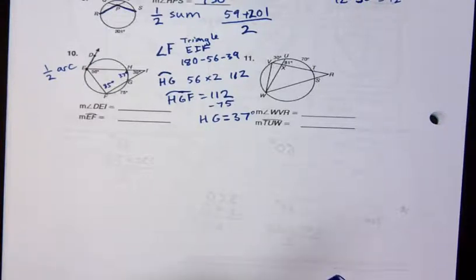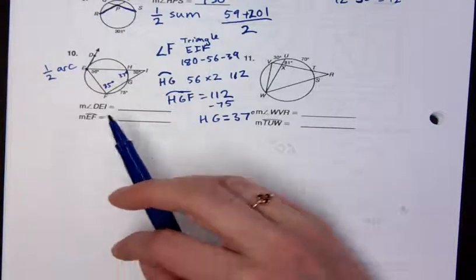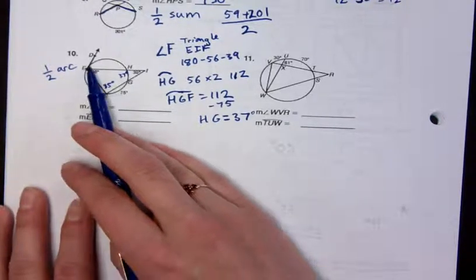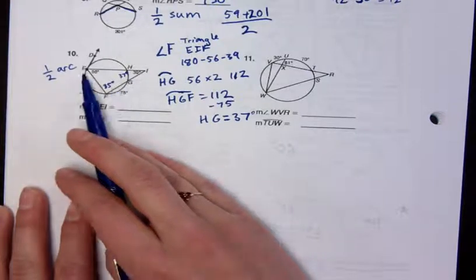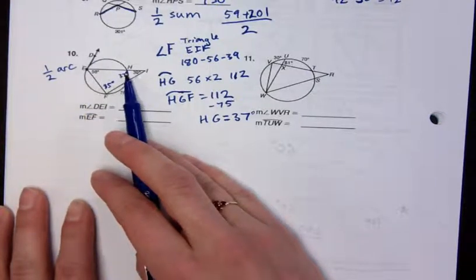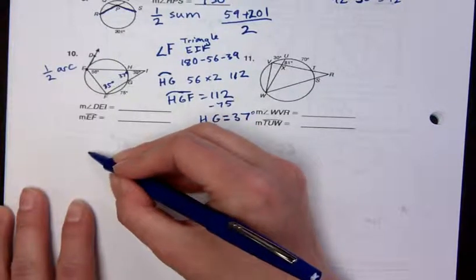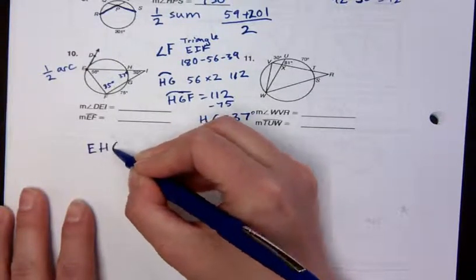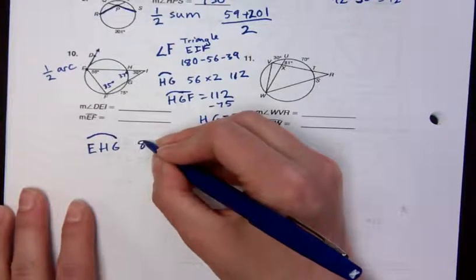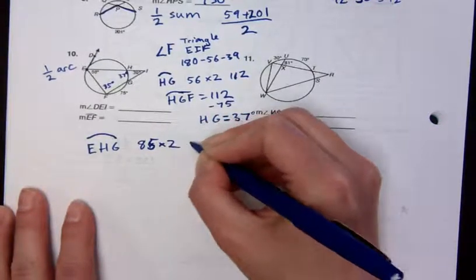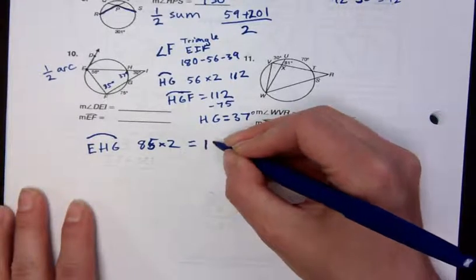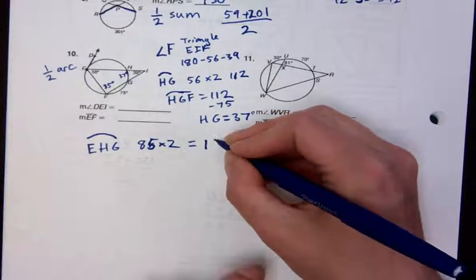So I can find EF. I don't think I have enough information to find EH yet. How would you find EH? You could, can't you just like double 85? So doubling 85 would give me EG. And you're right. So I could double 85 and find EG and then subtract the 37. So EHG is 85 times 2, which equals 170.